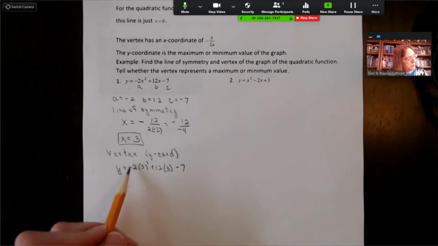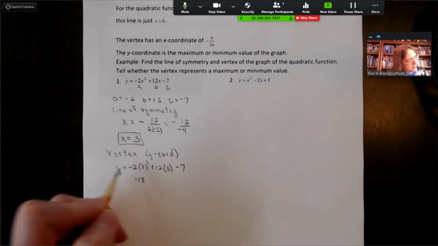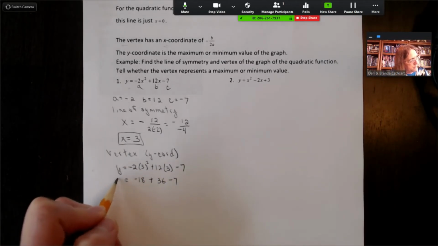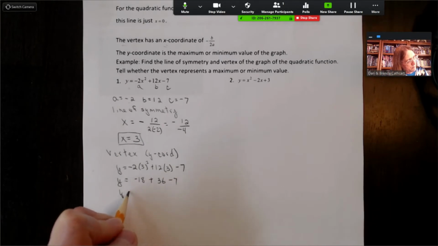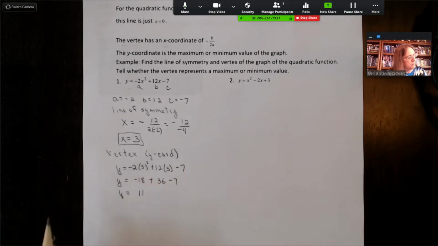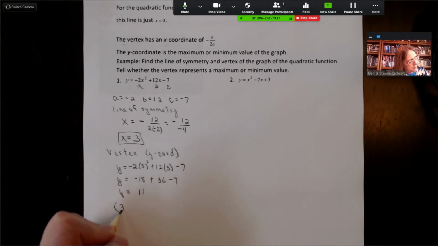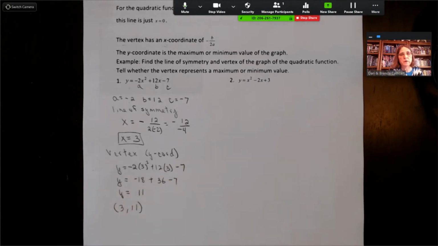Simplifying, we have 3 squared is 9 times negative 2 is negative 18 plus 36 minus 7. So we end up with 18 minus 7, or 11. So our vertex is going to have coordinates 3, 11.